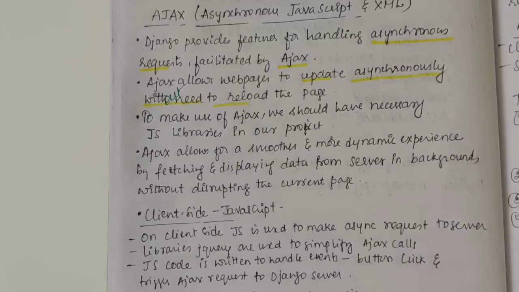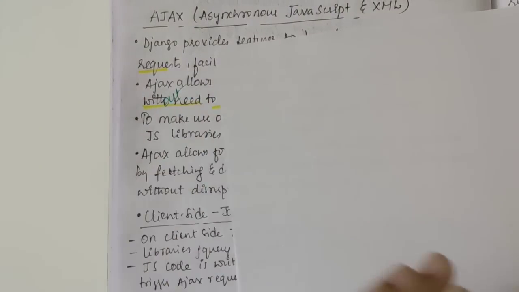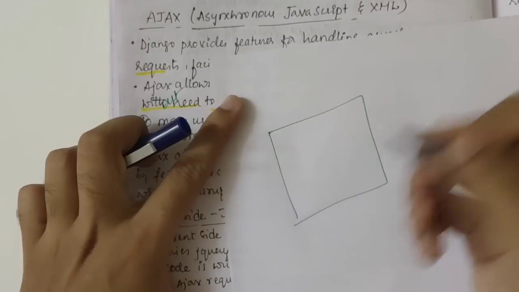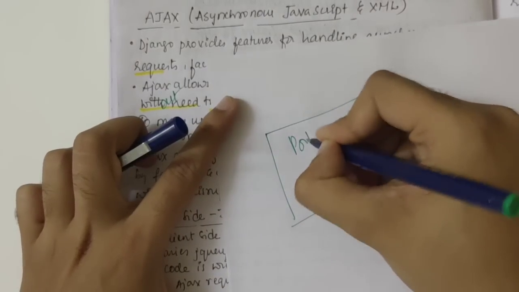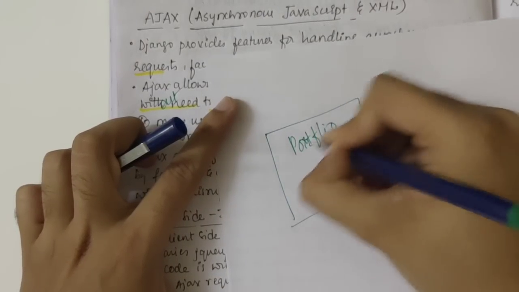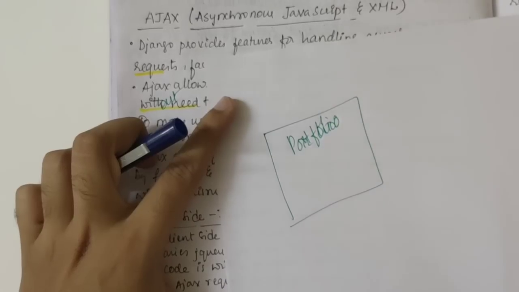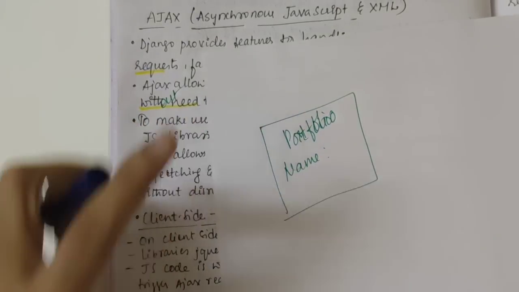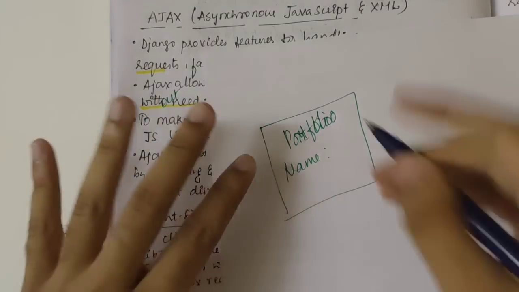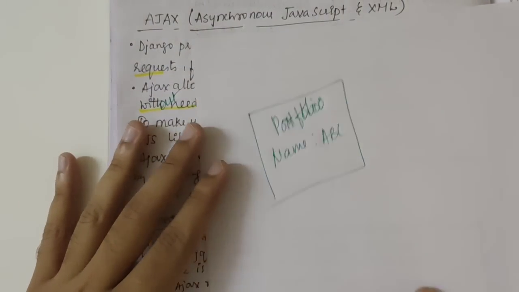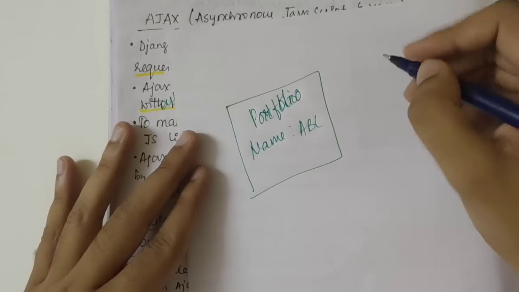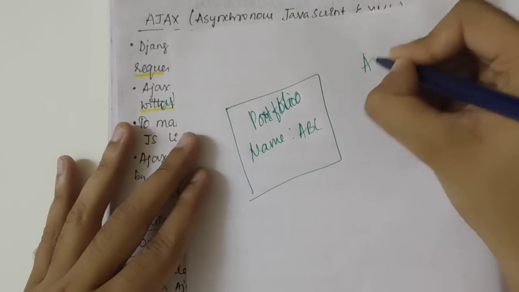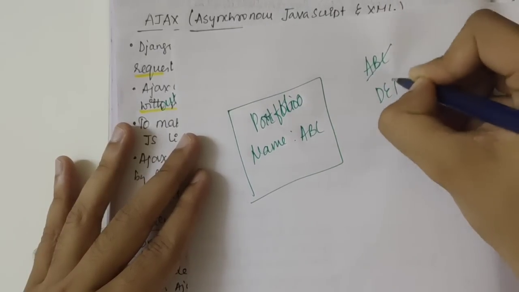Suppose I have a website, a web page of a portfolio website, let's say, and in that whatever name was there in the front end part is ABC, and in the back end part, when I'm writing the code, I've changed this from ABC to DEF.